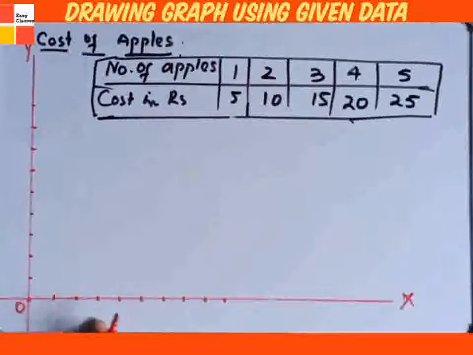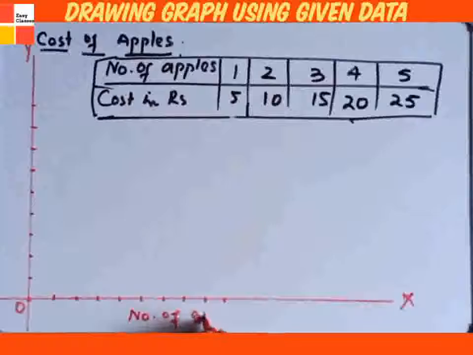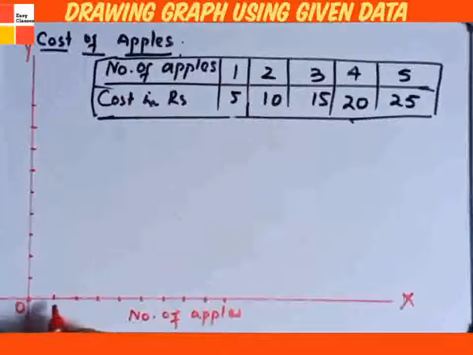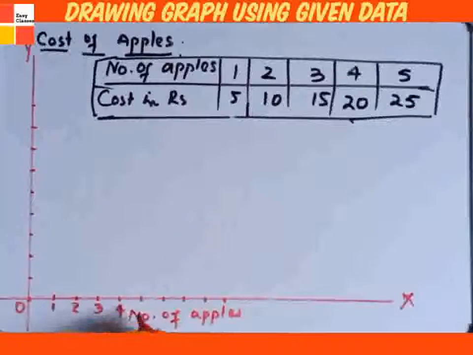So for example, this axis we will use for the number of apples. 2 centimeters is equal to 1 apple. Then 4 centimeters, 2 apples, 3 apples, 4 apples, 5 apples, right?